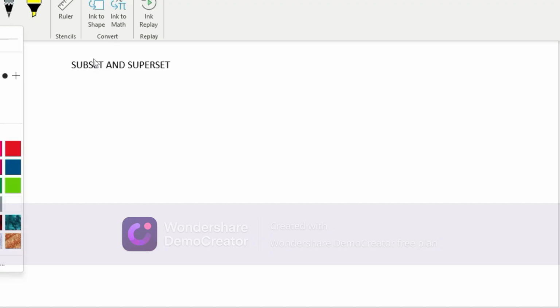We have another thing, that is subset and superset. A set A is a subset of a set B, or equivalently B is a superset of A. What is this trying to mean? We can understand it through symbols.